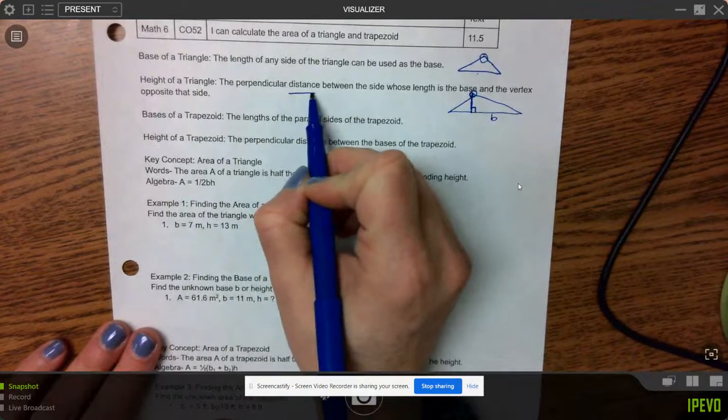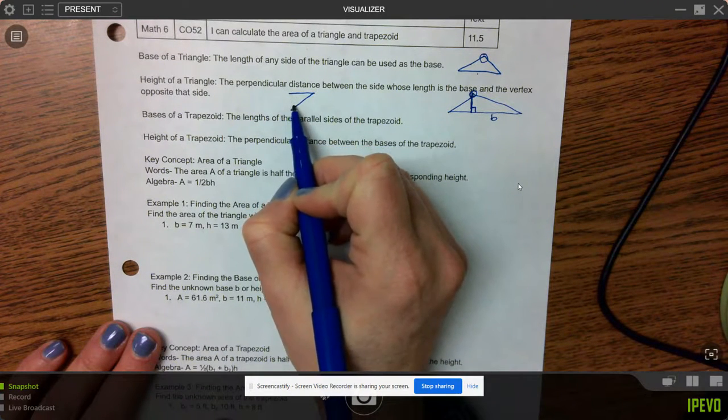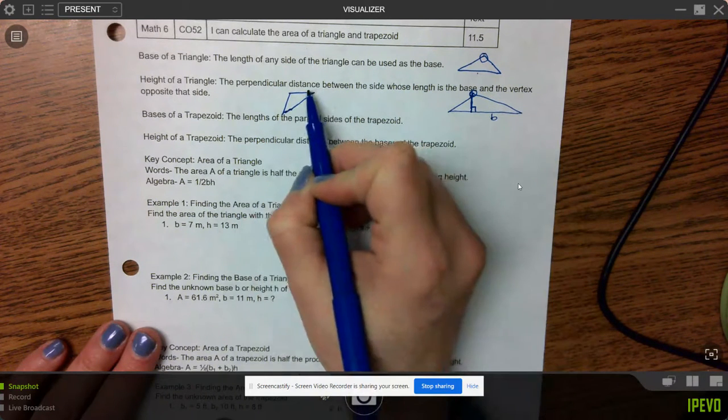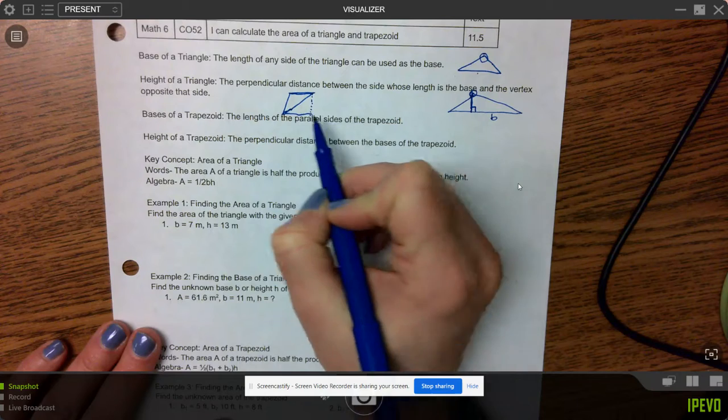But you would still do it the same way. So let's say our triangle is like that. If this is our base, you might have to go straight down like that to find the height.